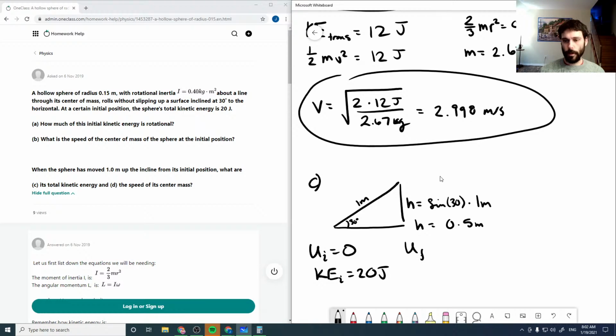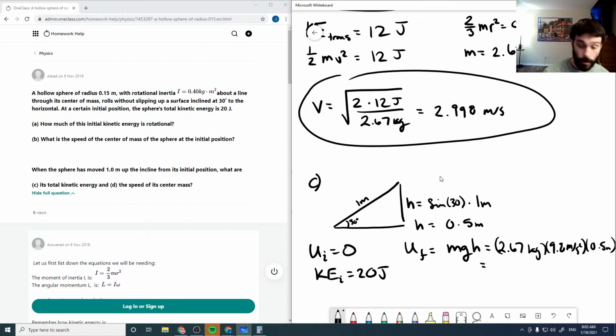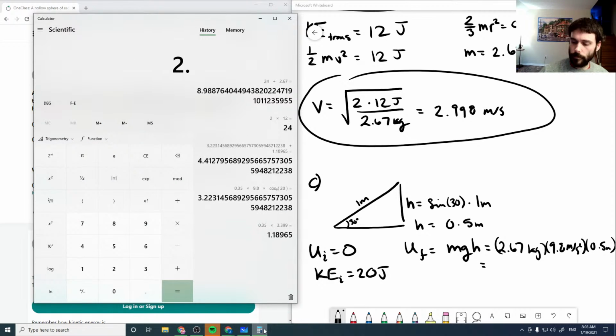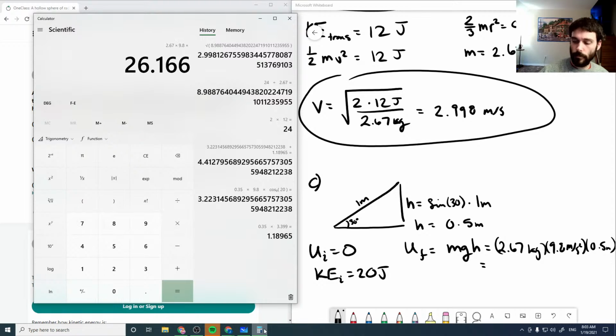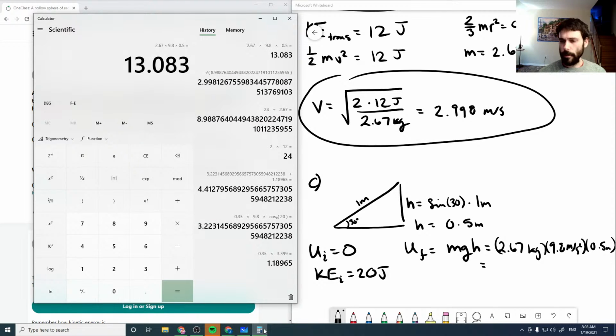And now we've moved to a UF of mgh, which is equal to 2.67 kilograms times 9.8 meters per second squared times our 0.5 meters, which is equal to 13.083 joules.